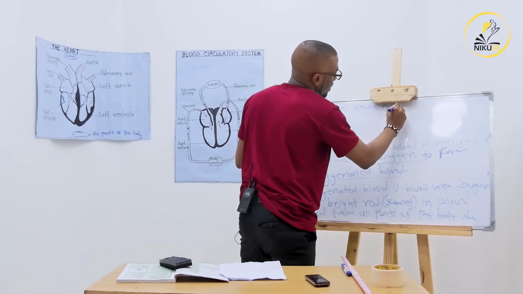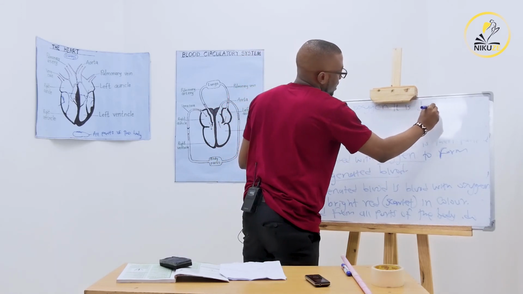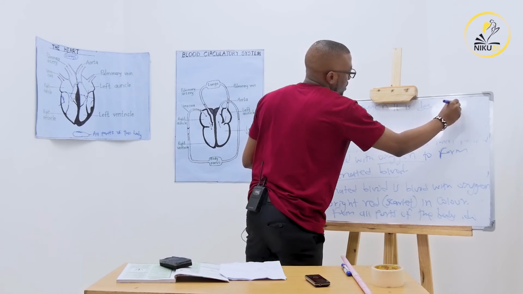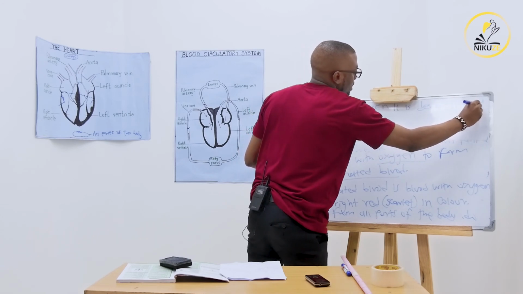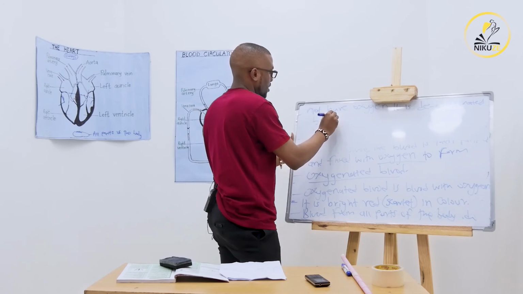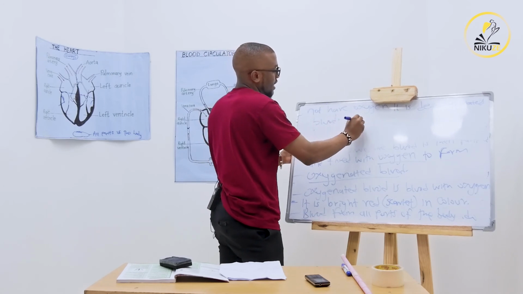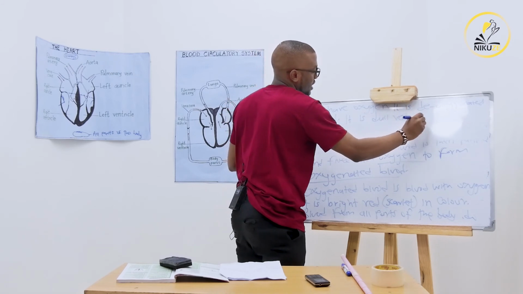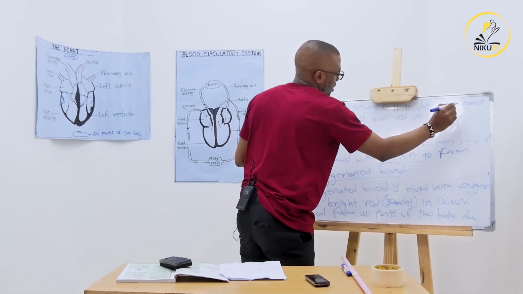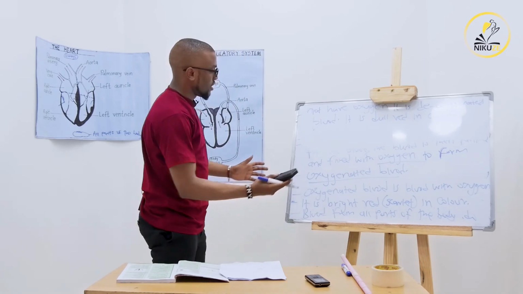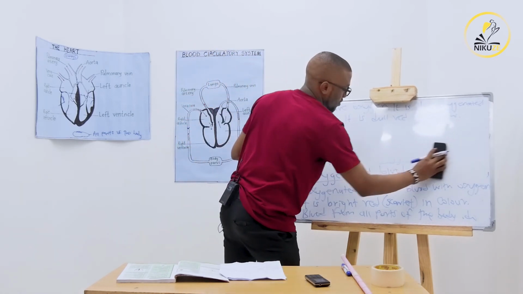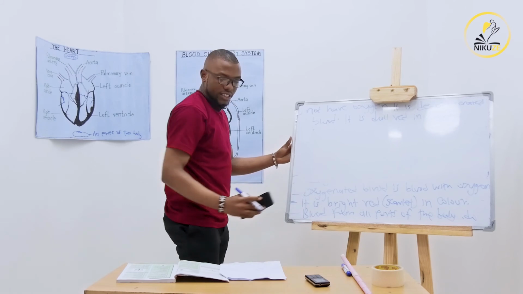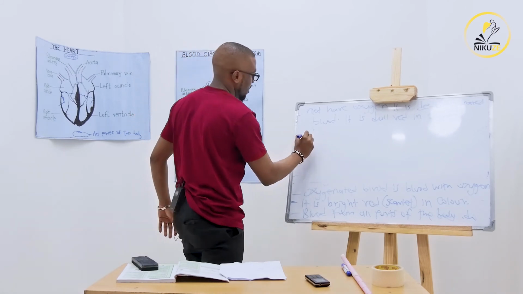It is deoxygenated blood. It is dull red in color. The last thing that I want us to write is that the right ventricle has got thicker walls.